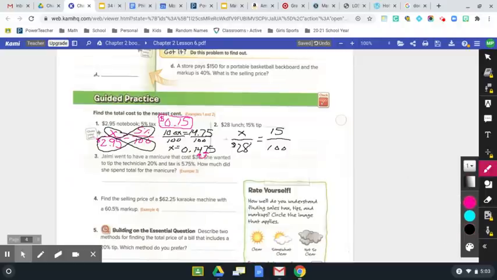Okay, so let's solve it. 100 times X and 28 times 15. So make sure you calculate that. 28 times 15. 420. Keep solving, right? Divide by 100. X equals.